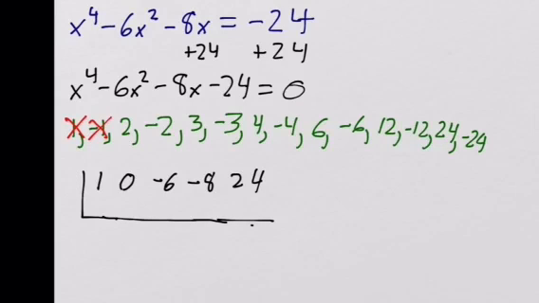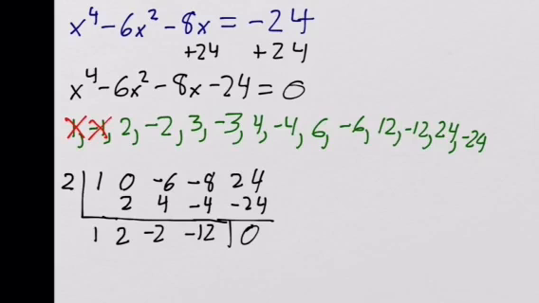So let's try 2. So I bring down the 1, multiply by 2, and add. Multiply by 2, and add. Multiply by 2, and add. And multiply by 2, and add. I get 0.